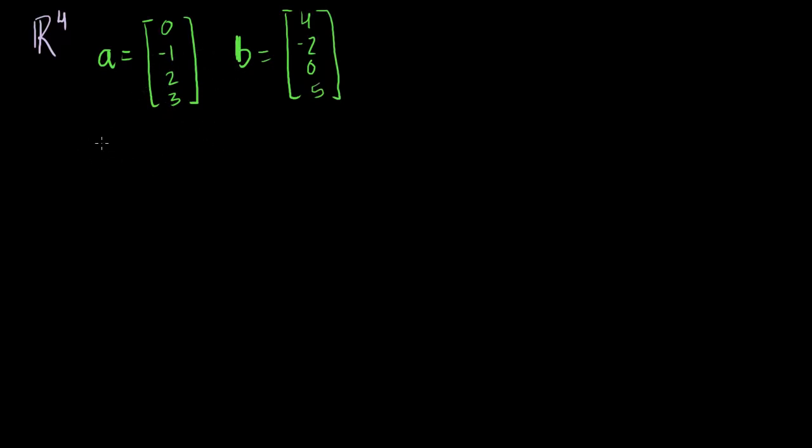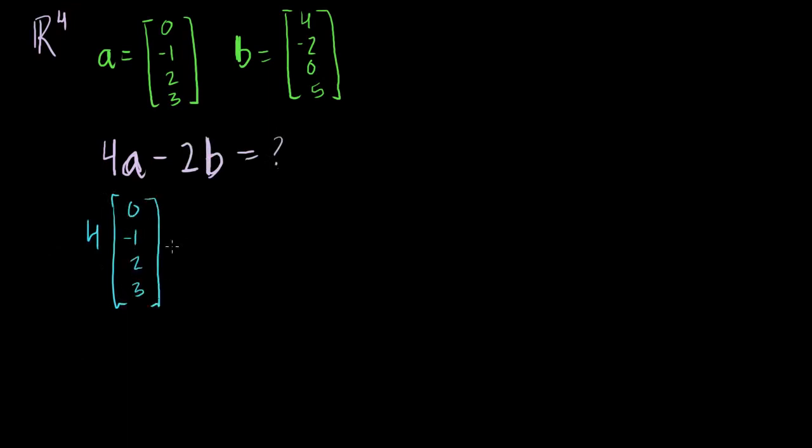So if I were to say 4 times A, this is the vector A, minus 2 times B, what is this going to be equal to? And this is a vector. Well, we could rewrite this as 4 times this whole column vector, 0, minus 1, 2, and 3, minus 2 times B, minus 2 times 4, minus 2, 0, 5. And what is this going to be equal to?